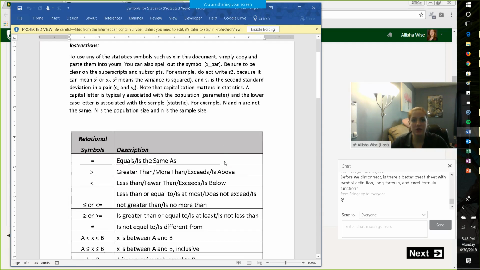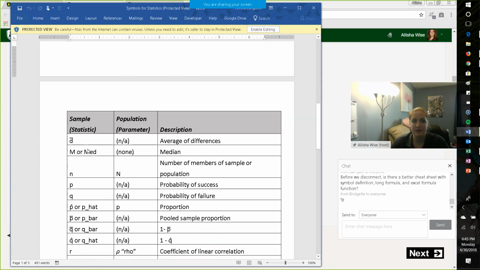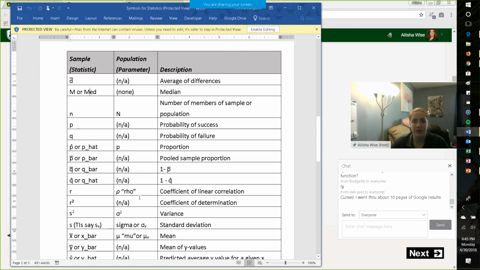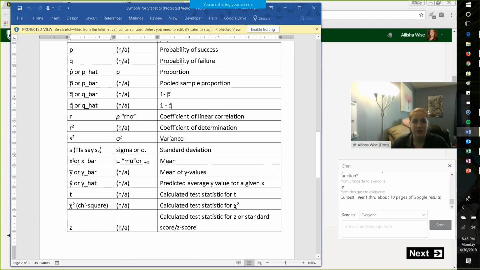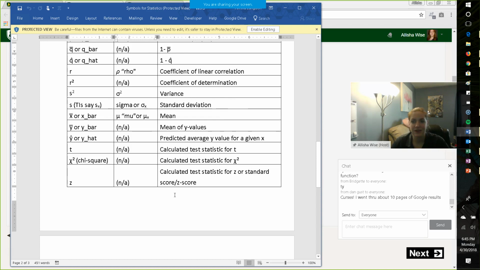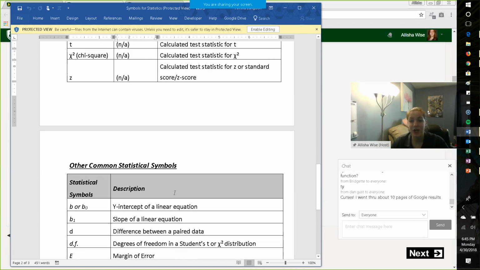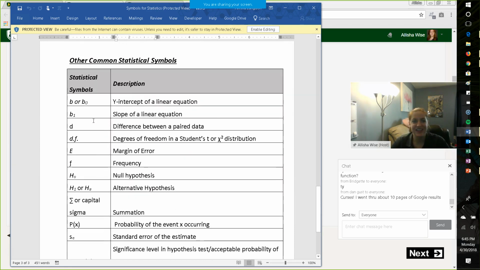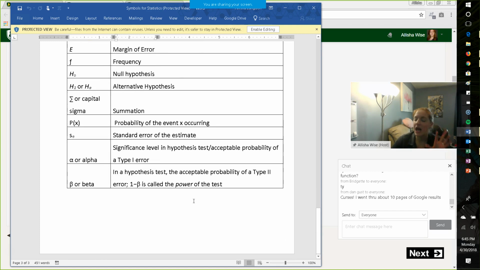So yeah, this one is just so that you guys can grab the symbols. You can see the first column is sample, the second one is population, and you can just grab it to use. Oh, you tried to look it up, Dan, and you're like, no. I wouldn't even dare Googling a list of all the formulas, because a lot of statistics classes don't use Excel.